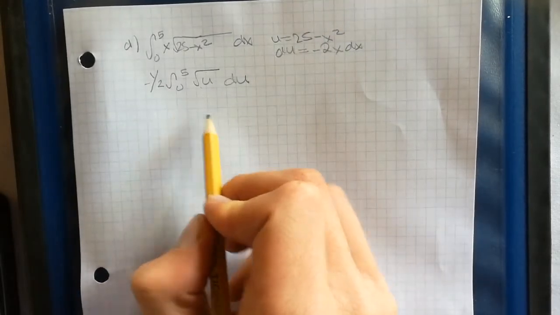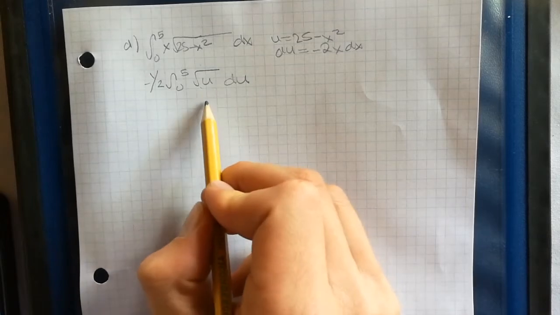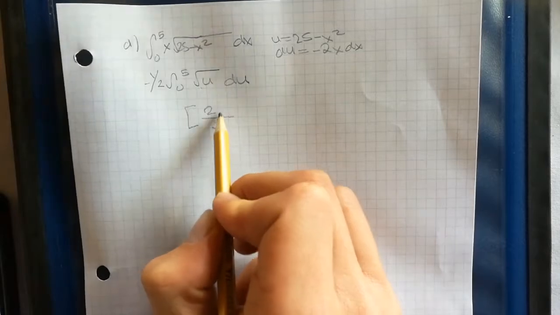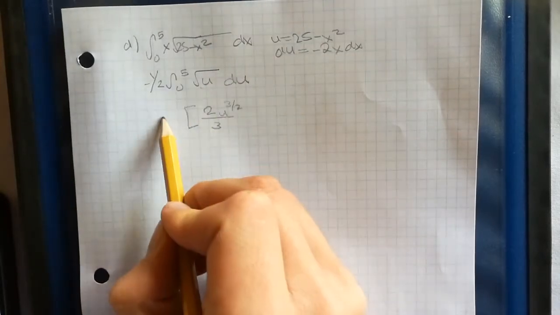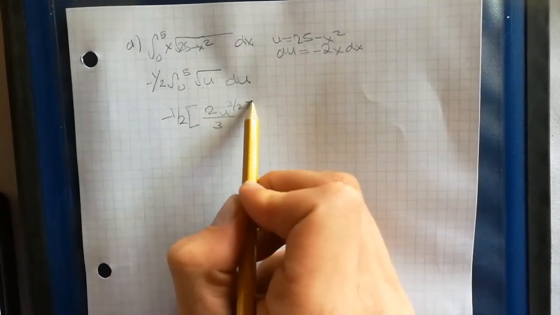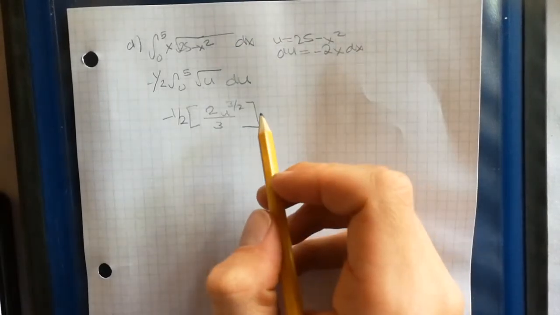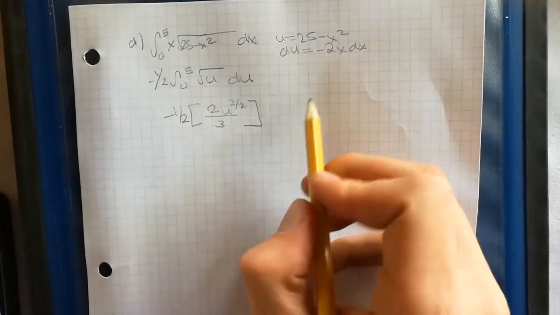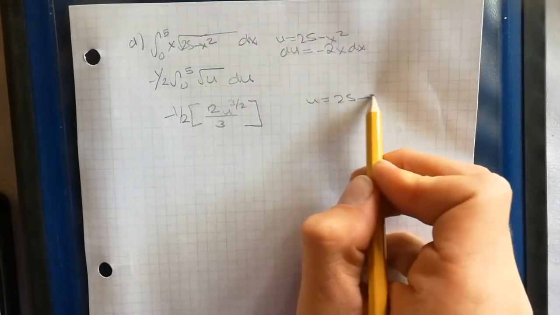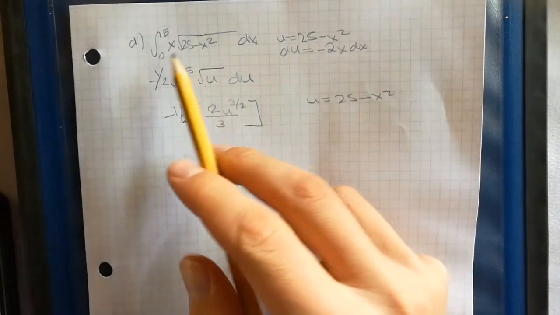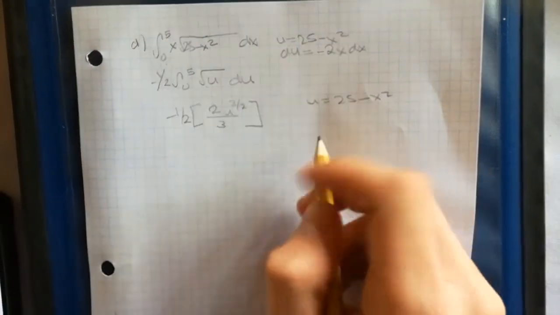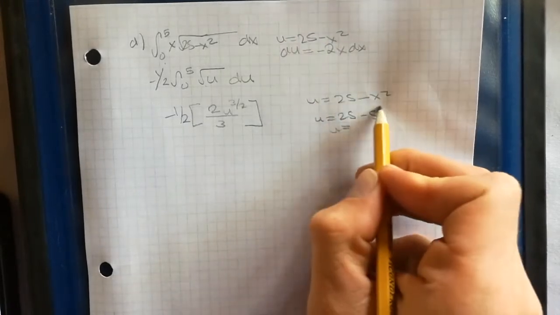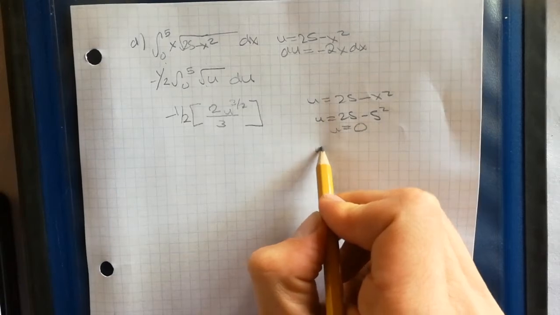When we integrate it, we have 2 over 3 times... -1/2. In order to find the limits for the new u, with u equals 25 minus x squared, we have to substitute in the original points.